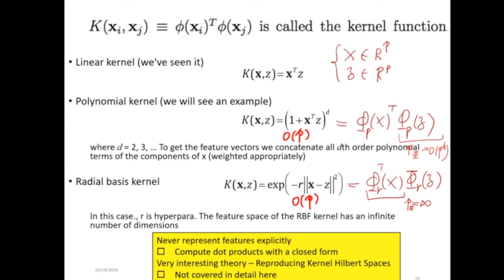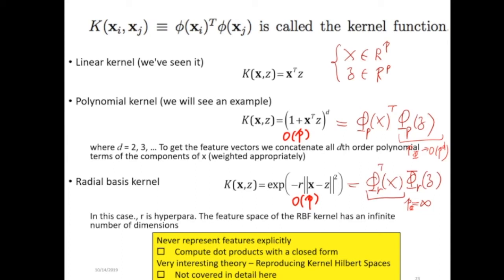However, this kernel is equivalent to, in fact, phi(x) being infinite size. You can't even write it; it's infinite, and you can actually prove it. I'm not including that proof. I can give you extra reading material about why this is equivalent to phi(x) being infinite size.